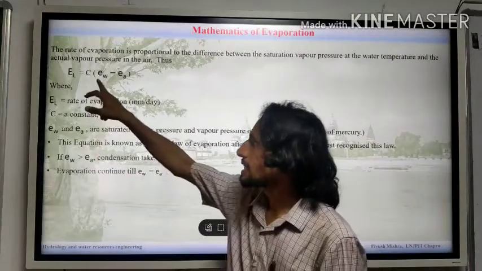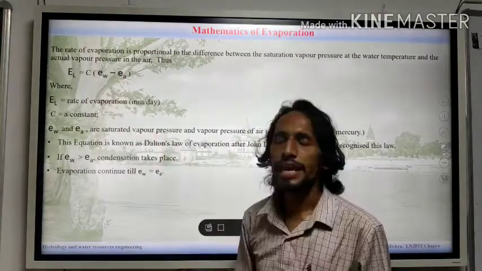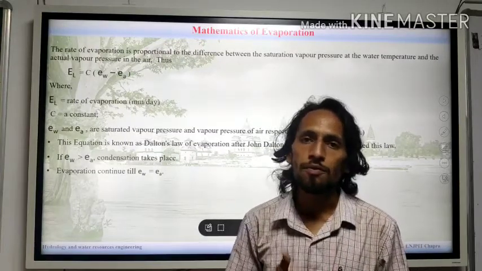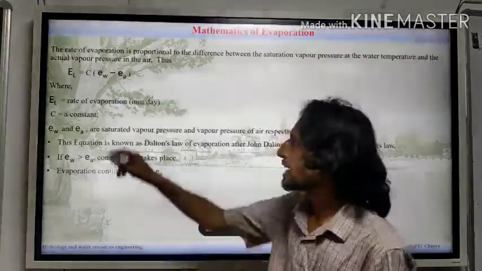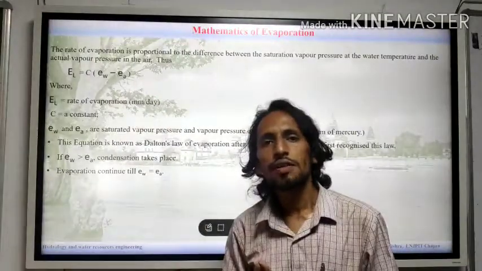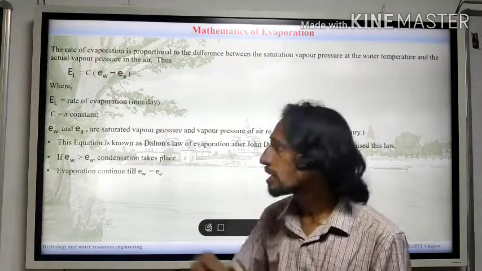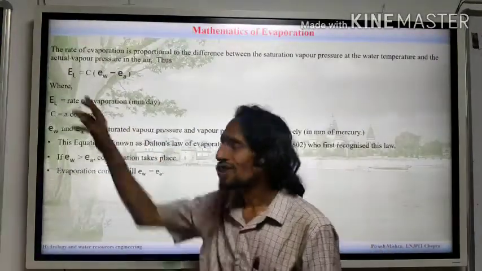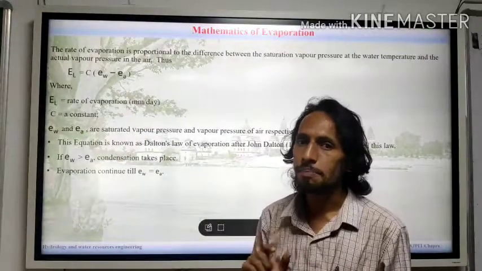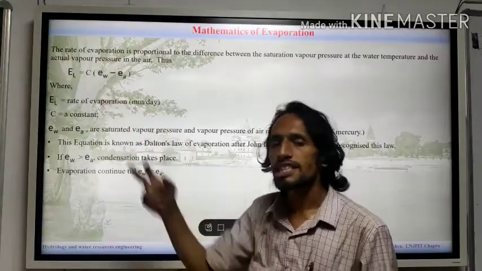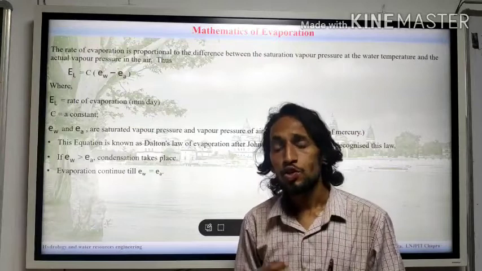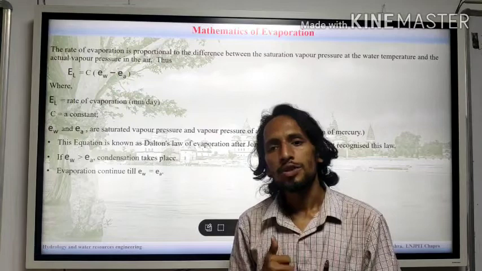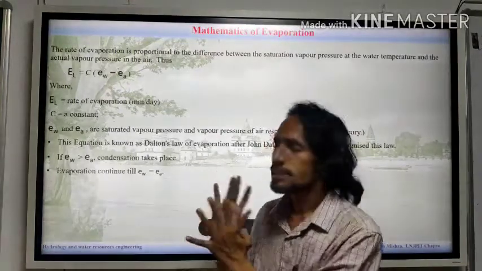After that there is EW and EA, where EW is saturated vapor pressure and EA is actual vapor pressure of air. Basically, you can see here that rate of evaporation directly depends on this difference of the vapor pressure. So evaporation rate is totally dependent upon this difference.